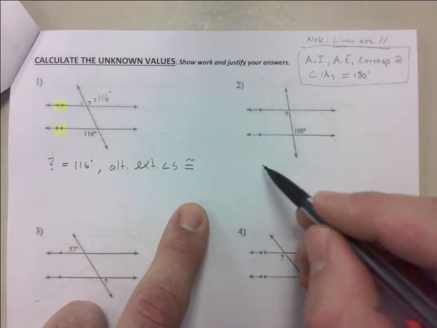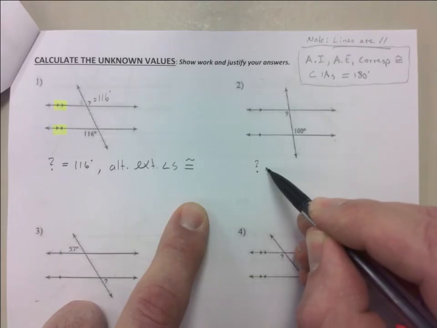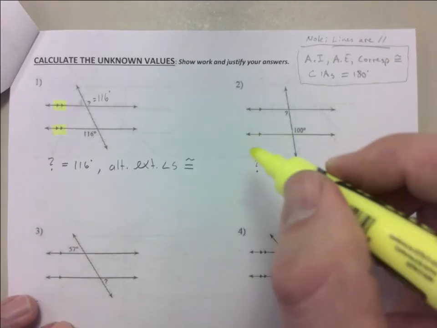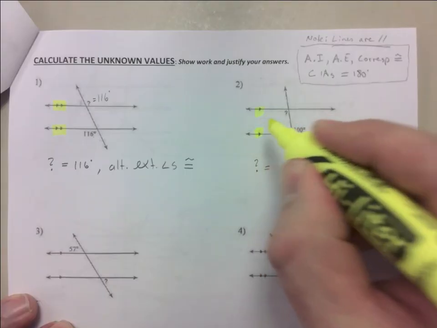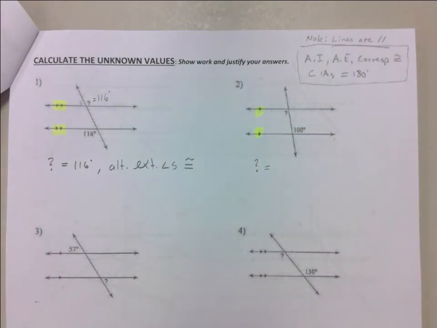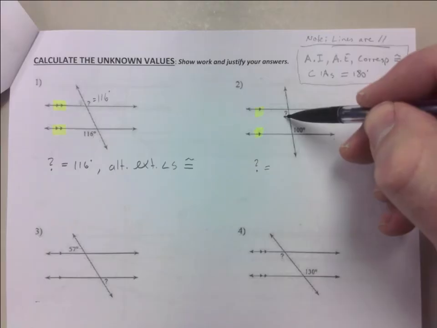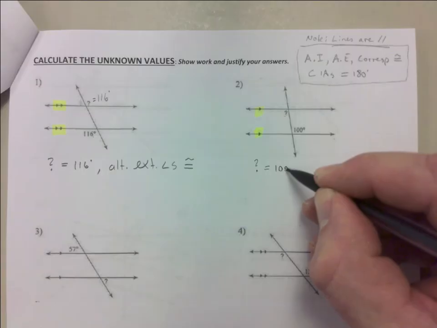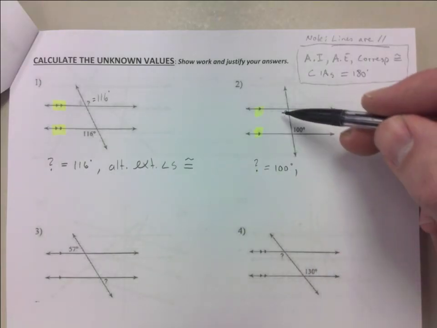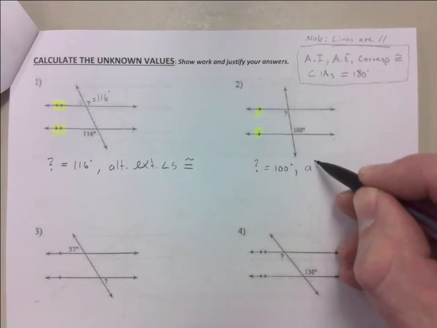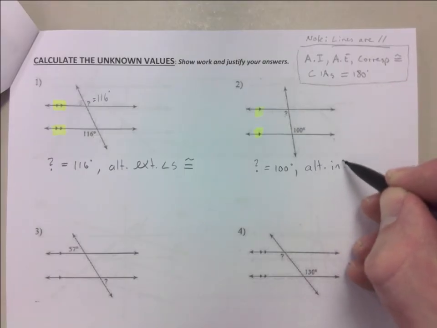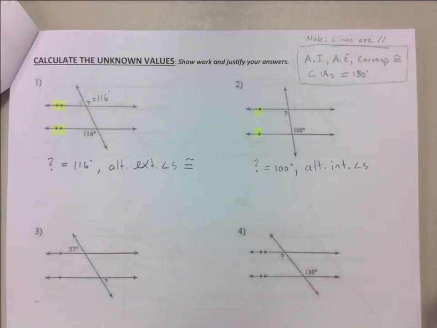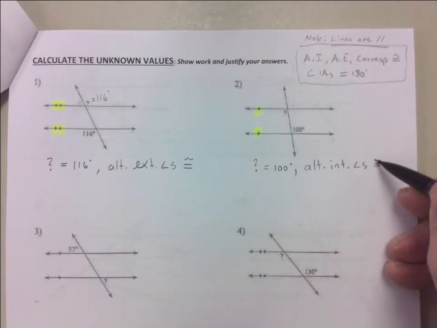Next, question mark here. And again, the fact that they're parallel is not disputed. That's already a fact. This would be 100, right? But the problem is why? Why would you make that statement? Because these are alternate interior angles, and we know that they're going to be the same.